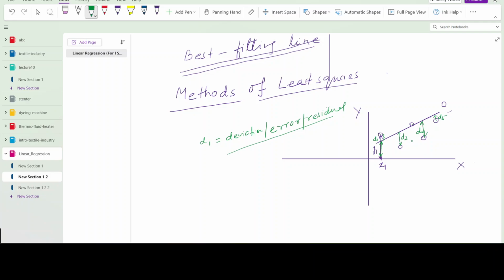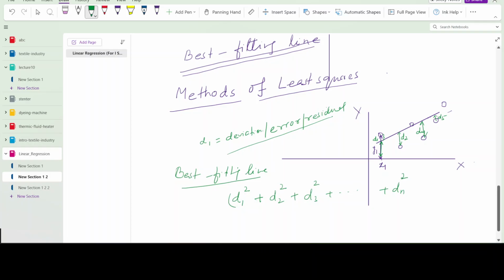Then we can define the best fitting line when the square of each vertical line, suppose we have n such observations, and we will have these vertical distances as squares.